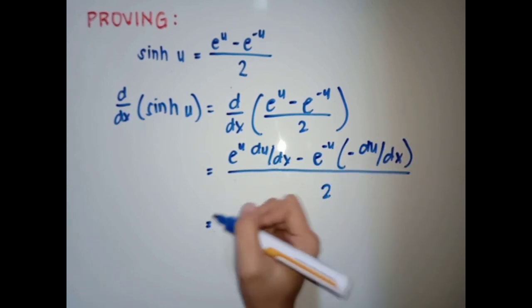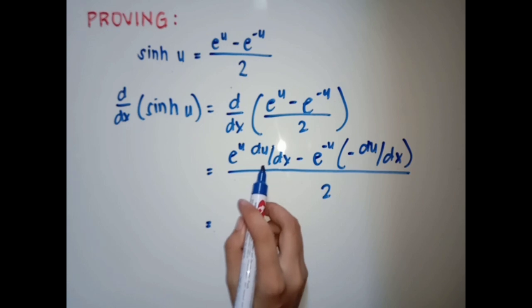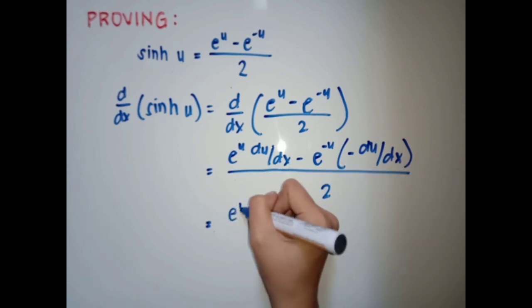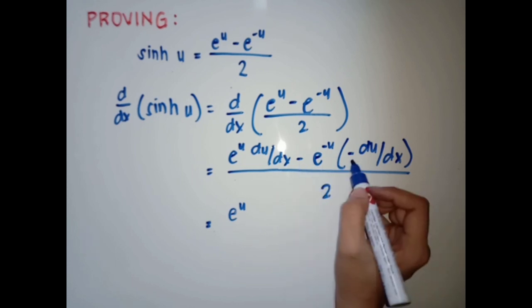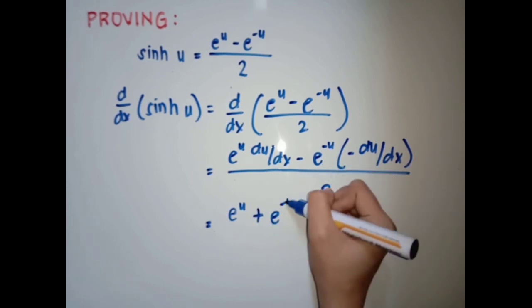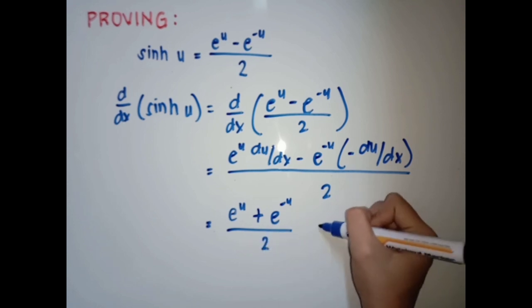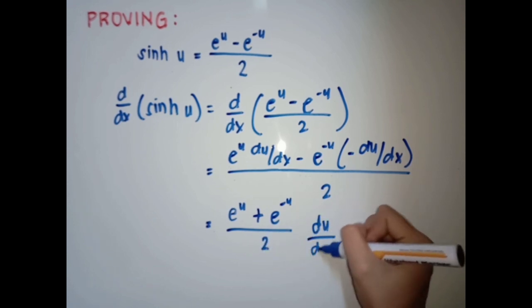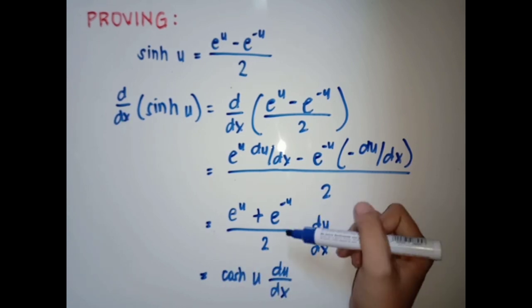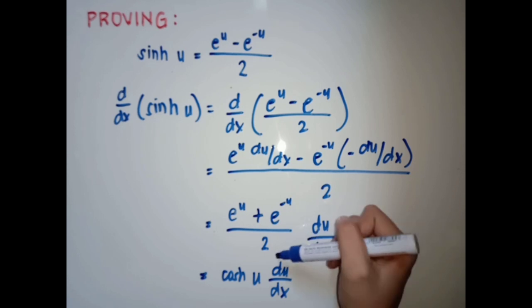So, now we just factor out du over dx. We have e raised to u, and negative times negative is positive, so plus e raised to negative u all over 2 du over dx, which is equal to hyperbolic cosine u du over dx, since this expression is equivalent to hyperbolic cosine u.